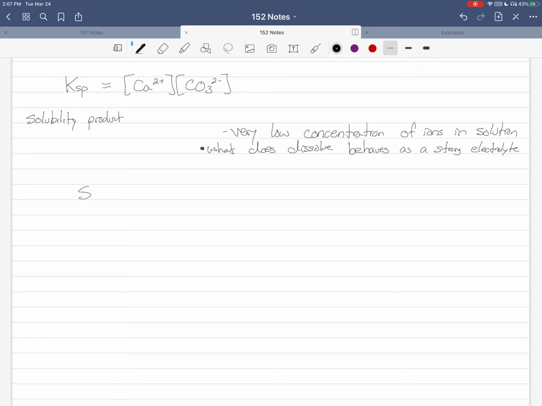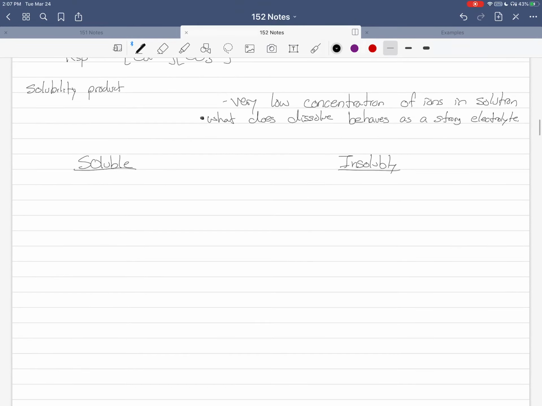There are soluble ions, right, and insoluble ions. These are just some general solubility tricks, right? So, sodium and potassium, pretty much soluble. Nitrate, pretty much soluble.